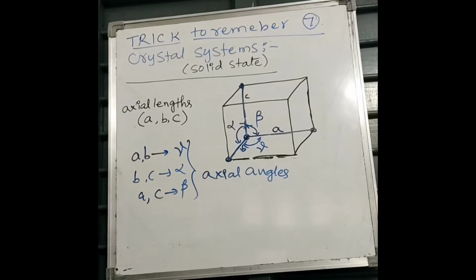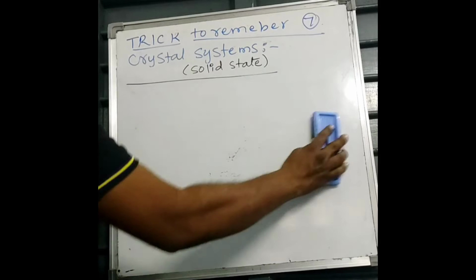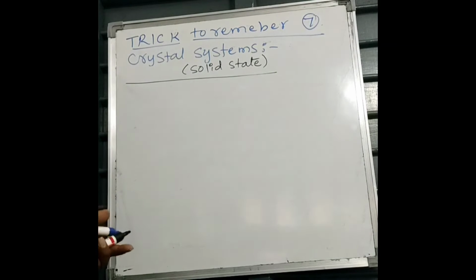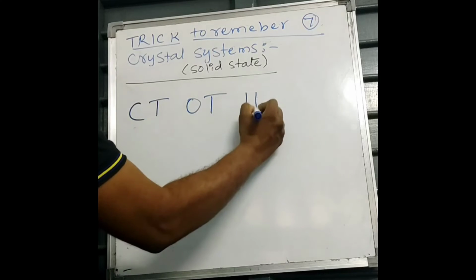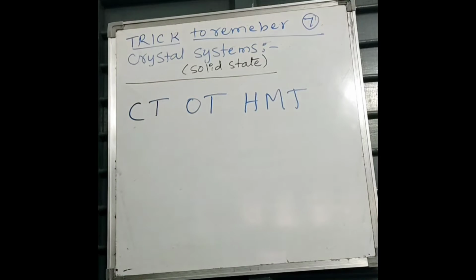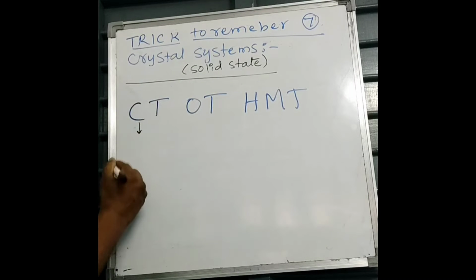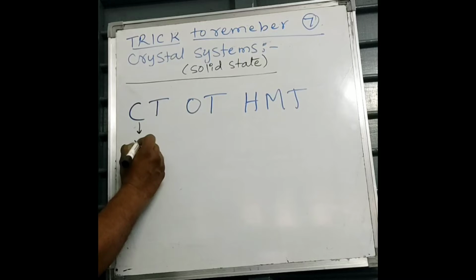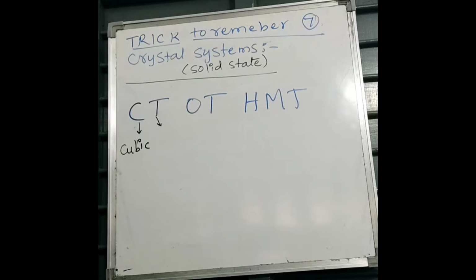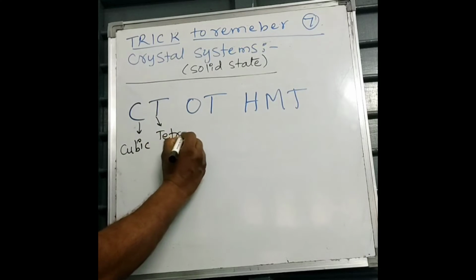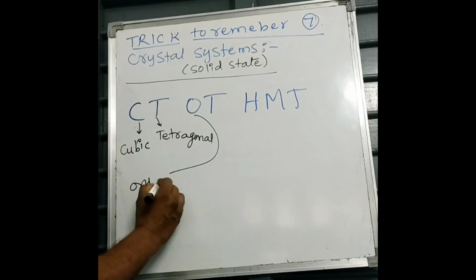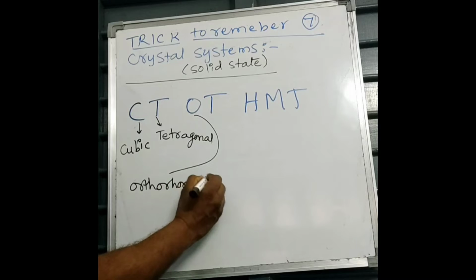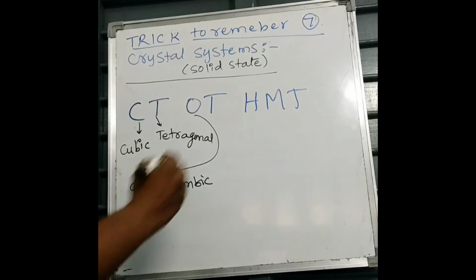Now here the trick is CTOT-HMT, where C stands for cubic. You have to remember in this order. Cubic crystal. T stands for tetragonal. O, orthorhombic. So next T, trigonal.